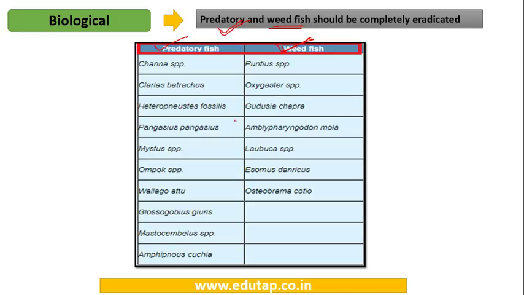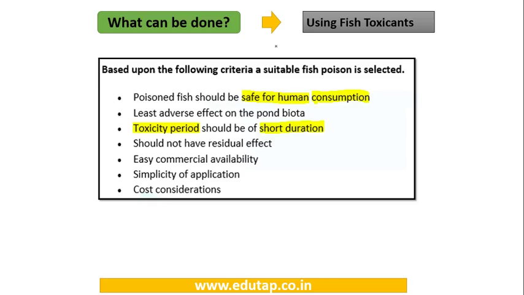You do not need to memorize each and everything, but usually when you start revising it, because this particular lecture will also be available in the form of a PDF, these names would automatically settle down in your mind and you would be able to easily eliminate the wrong answers if there is a question pertaining to it in the examination, right? Okay, so we have just seen that we need to eradicate the predatory fish as well as the weed fish.